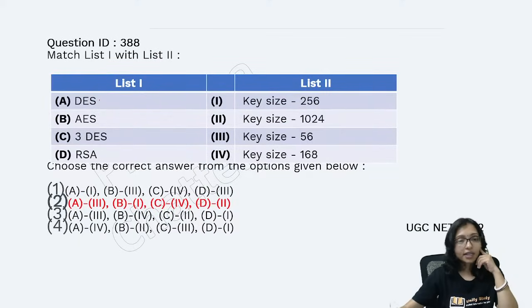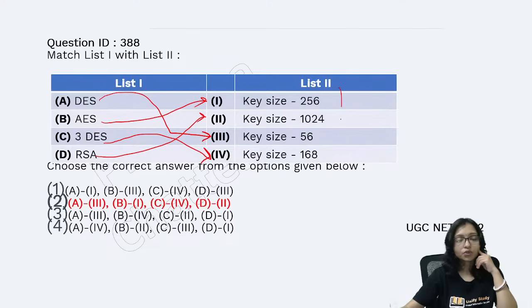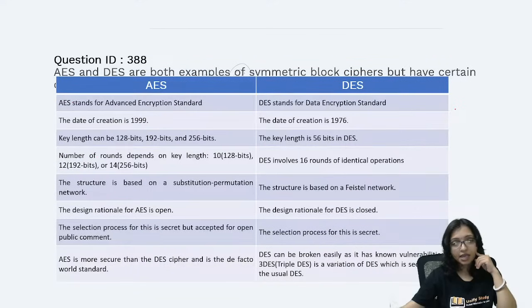Here you can see DES key size is 56, AES key size is 256, 3DES key size is 168, RSA 1024. Must remember, 3 to 4 times they ask questions from this key size.